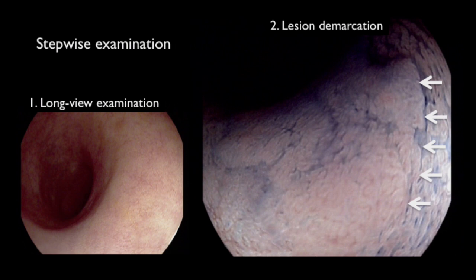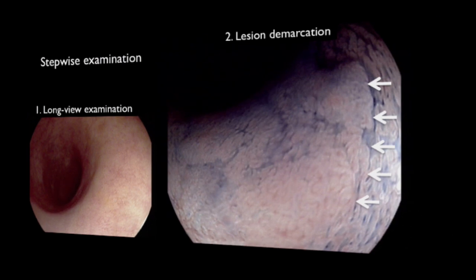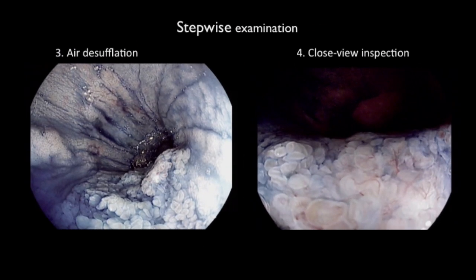Then, application of indigo carmine dye clarifies the borders of the lesion and facilitates diagnosis. This is a non-polypoid, completely flat colorectal neoplasm. Varying expansion of the colonic lumen and close-view inspection allow more detailed characterization of the epithelial surface and vessel pattern. Targeted biopsy of this villous-appearing lesion showed dysplasia.